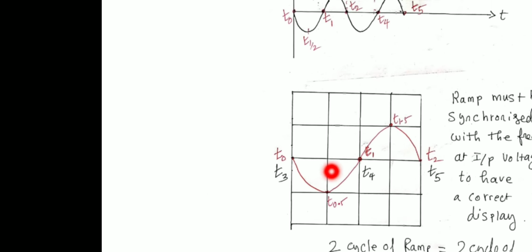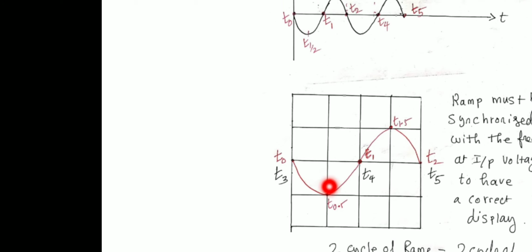The reason is that the ramp signal tries to move this luminous spot in this direction, and the input signal tries to move this spot vertically in this fashion, right? So due to both the horizontal and vertical deflection, this point comes here, in this path, right?